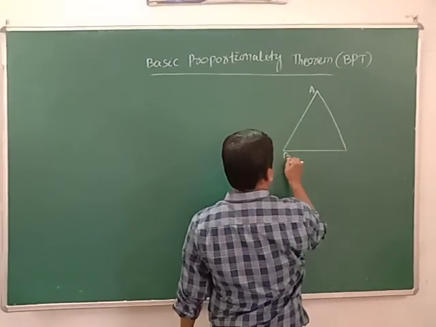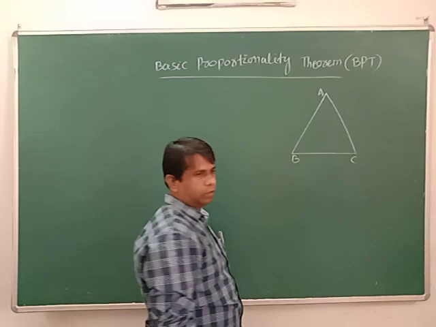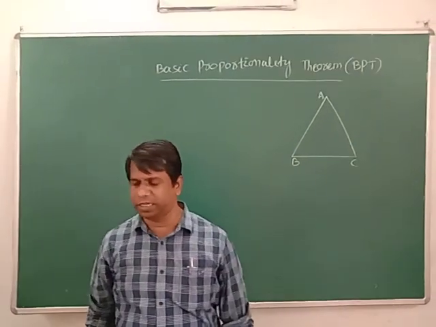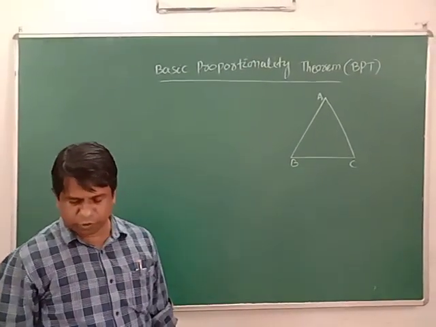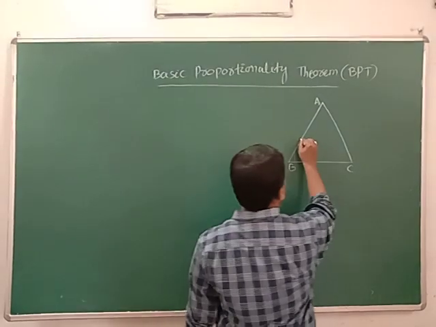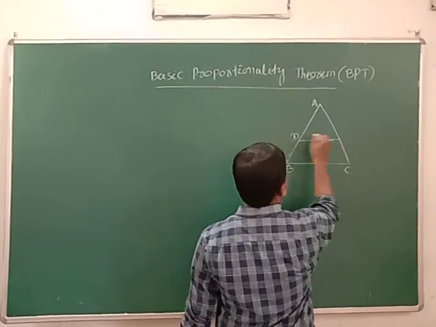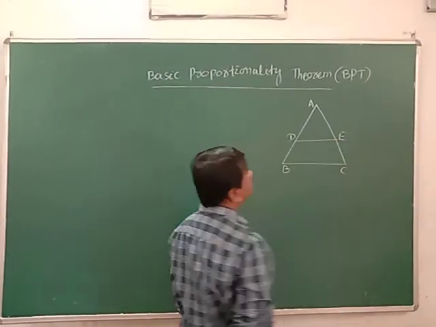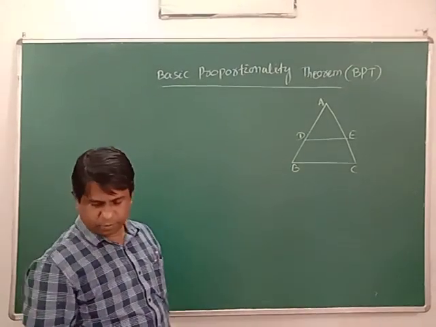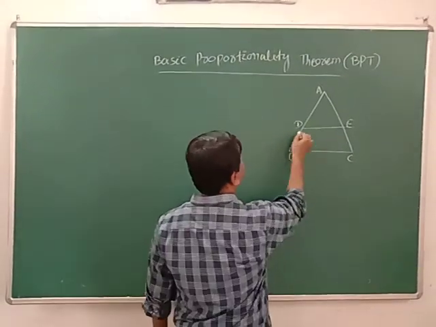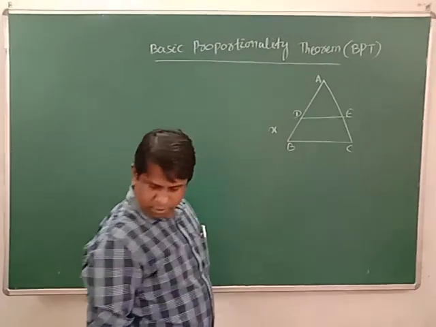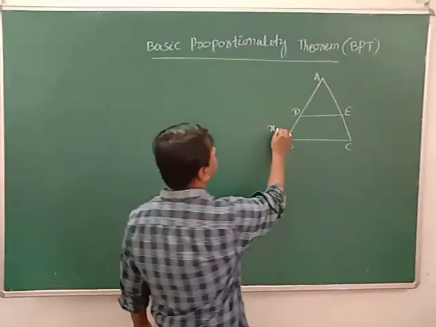ABC is a triangle. So sometimes it is asked in the board exams, 1 mark or 2 mark questions. DE is parallel to BC. BD is equal to x minus 3.